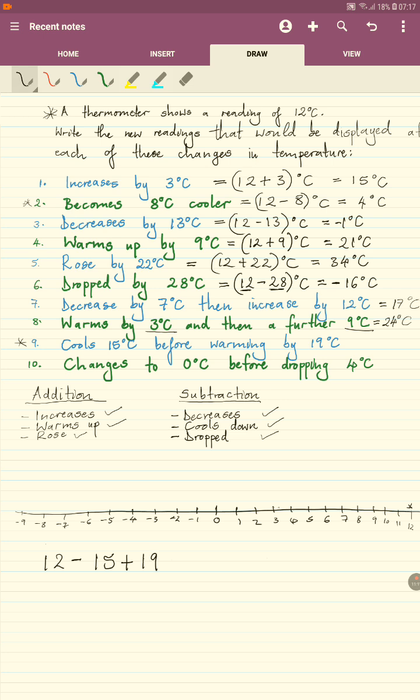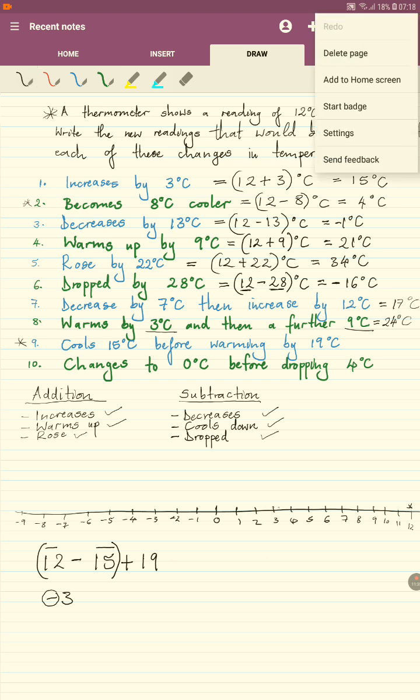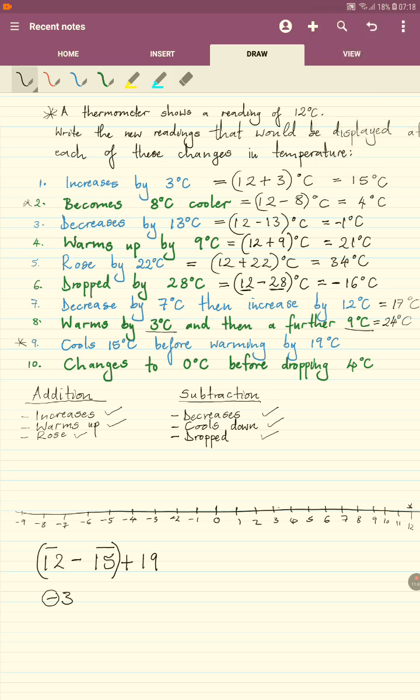So if we do this in parts, 12 minus 15 will give us an answer of minus 3. The reason is a smaller number is subtracting a bigger number, and when a smaller number is subtracting a bigger number, you get your answer as negative. But then you just say 15 minus 12 and you get 3. So we're saying minus 3 plus 19.